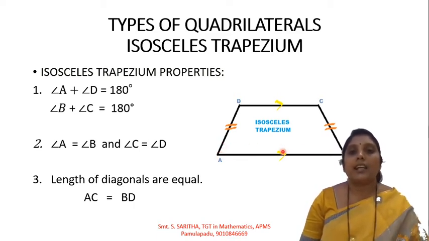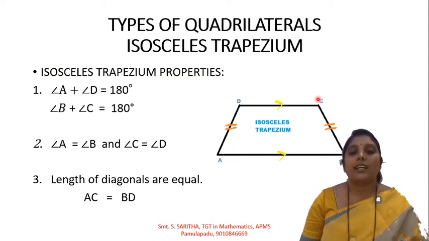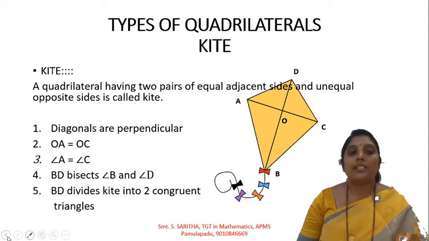That is, angle A is equal to angle B and angle C is equal to angle D. And if you draw two diagonals in an isosceles trapezium, the two diagonals are equal. That is, diagonal AC is equal to diagonal BD. But the diagonals in a trapezium are not equal, whereas the diagonals in an isosceles trapezium are equal. This is all about the trapezium.